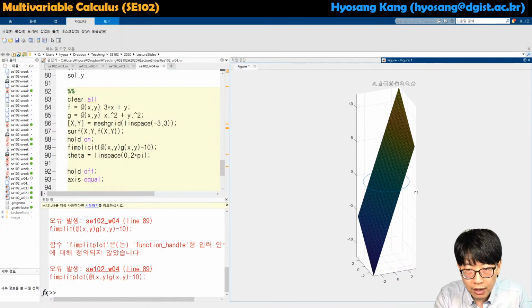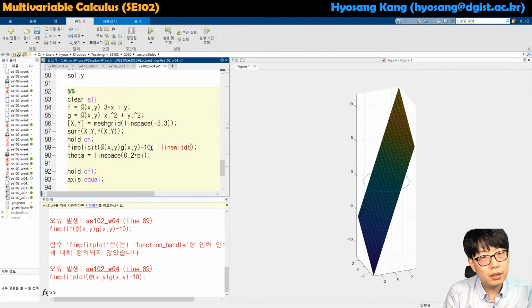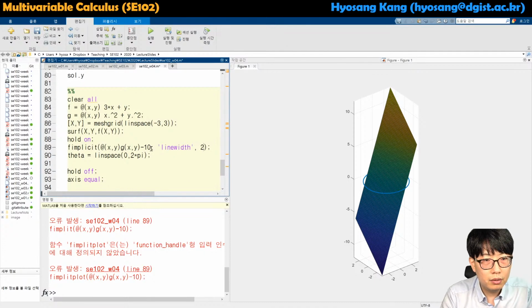I'm only graphing the values of the function lying on top of this circular blue line here. Let me put the line width at 2.